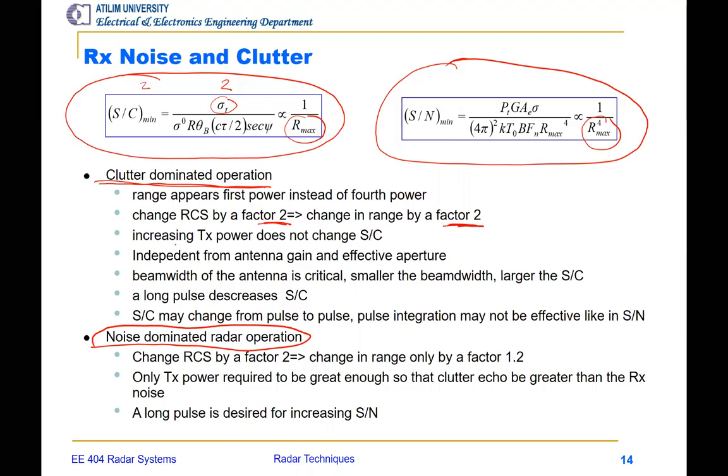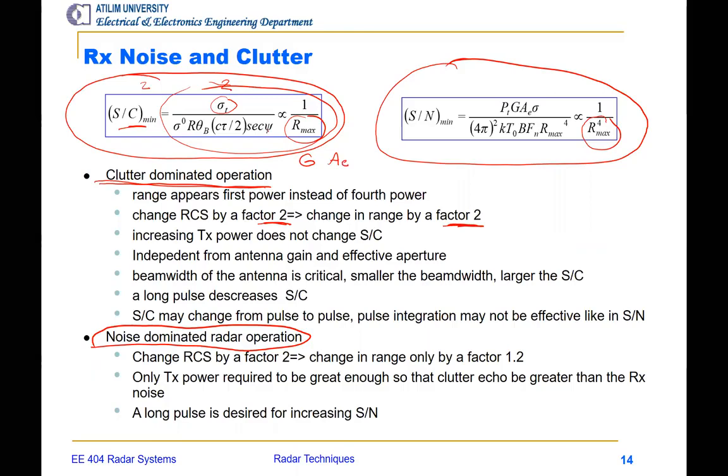While increasing Tx power does not change S over C, there is no transmitting power in this equation. So it doesn't matter if you increase the transmit power or not, there is always the same signal to clutter ratio. And moreover, this S over C is independent from the antenna gain and effective aperture. So we do not have gain and effective aperture of the antenna in this equation.